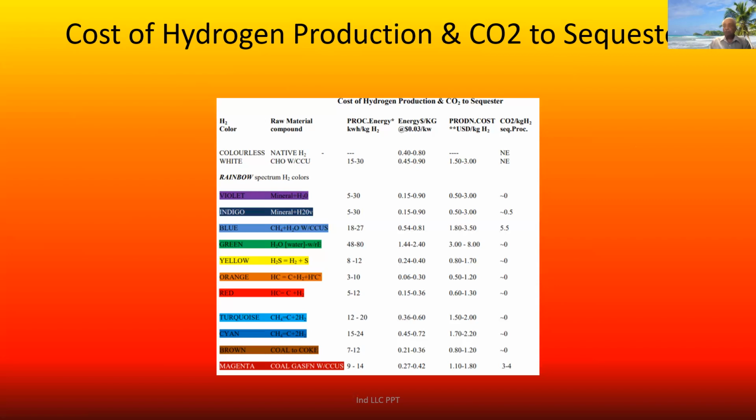Look at the last column, it shows the amount of carbon dioxide that has to be sequestered. In the case of blue hydrogen, 5.5 kgs of carbon dioxide per kg of hydrogen, and magenta, 3 to 4 kgs of carbon dioxide per kg of hydrogen.